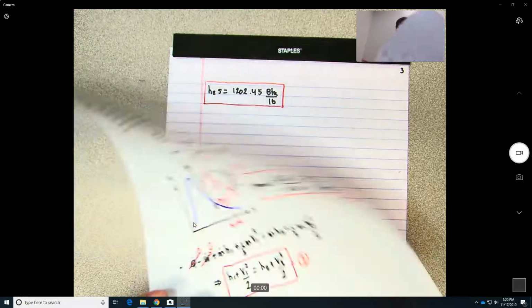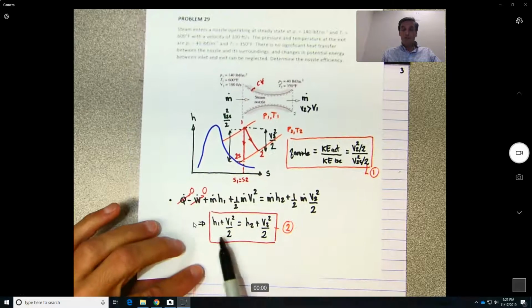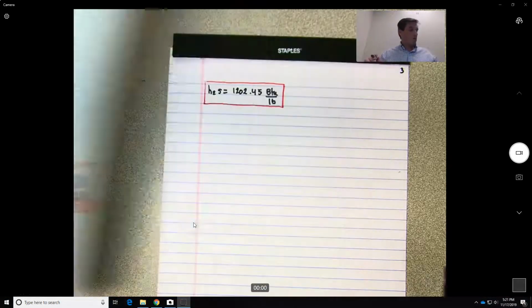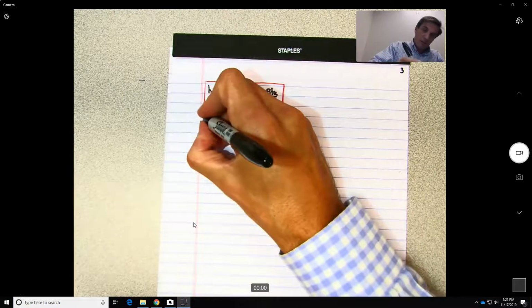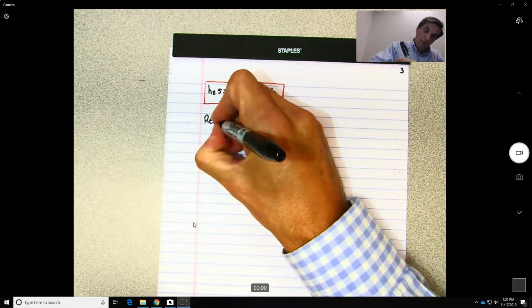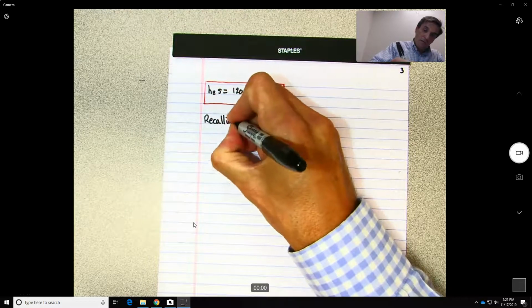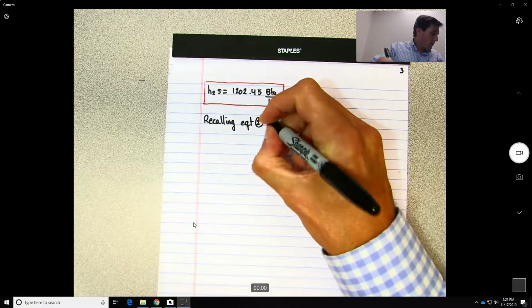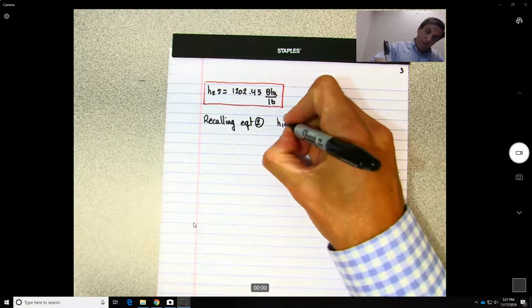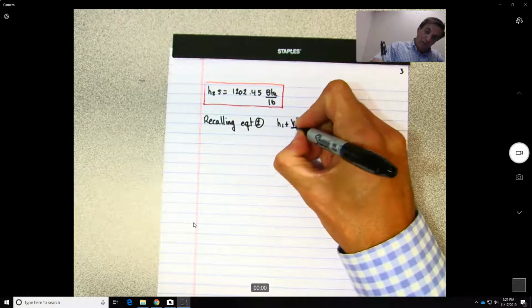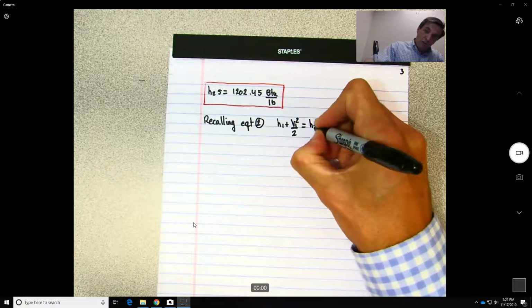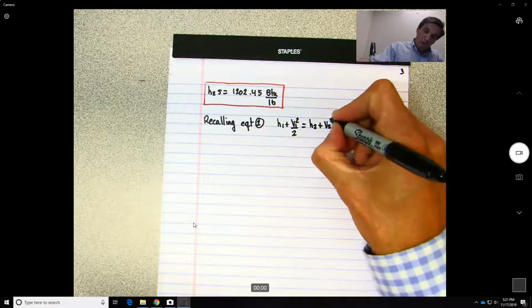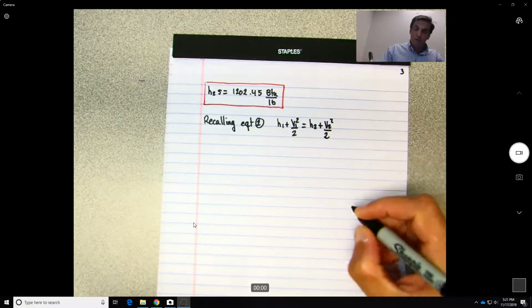In order to do that, we need to use the equation over here. So recalling equation 2, which is what? H1 plus V1 squared over 2 equal to H2 plus V2 squared over 2.